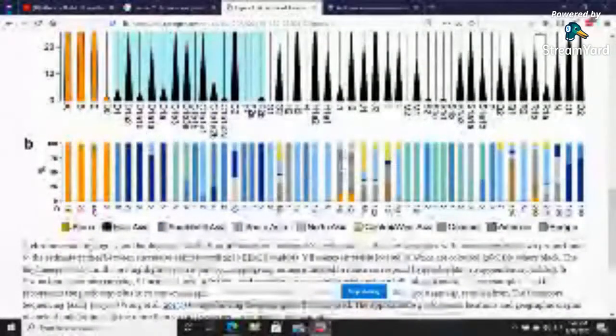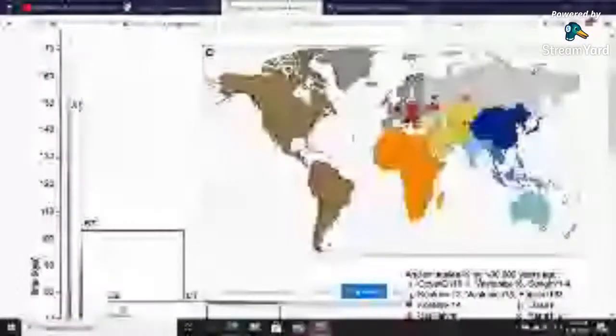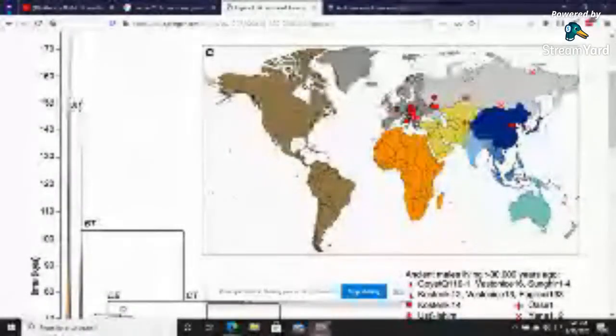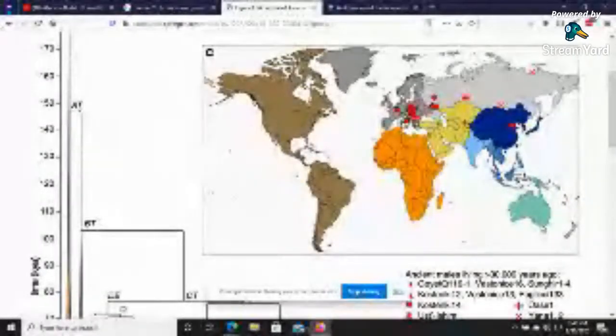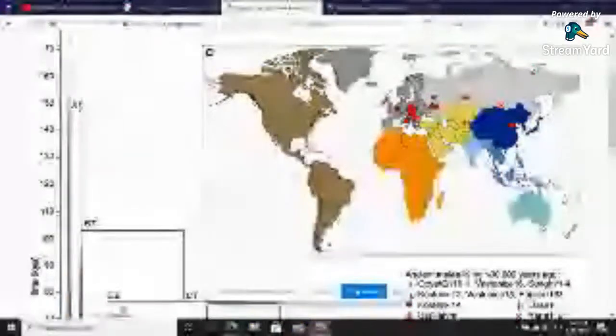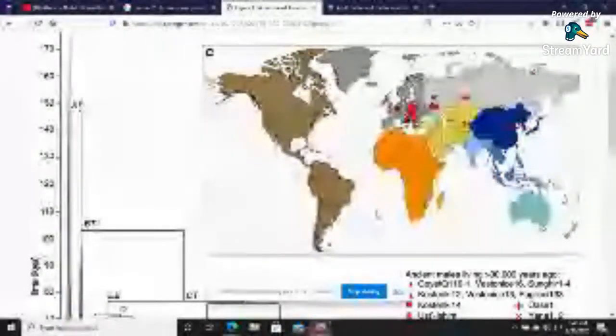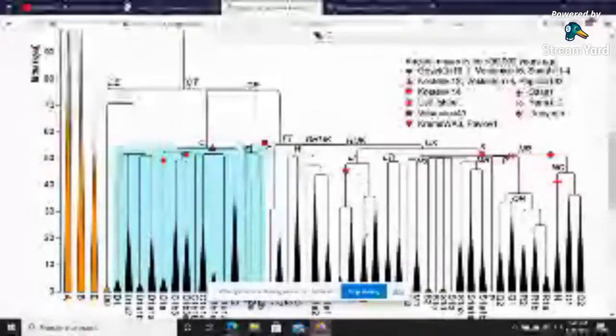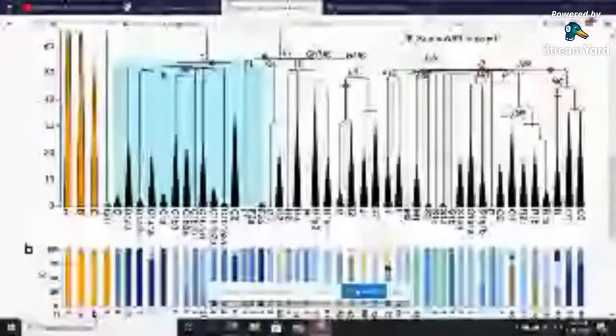This gray area would be Europe. So the IY chromosome is generally found in this area here, and the I2 is throughout this area and lower here, but it's all associated with the J2 and the J1, which are all descendants of Abraham. The IY chromosome is probably a descendant of Abraham too, because it belongs to the same tree early on.